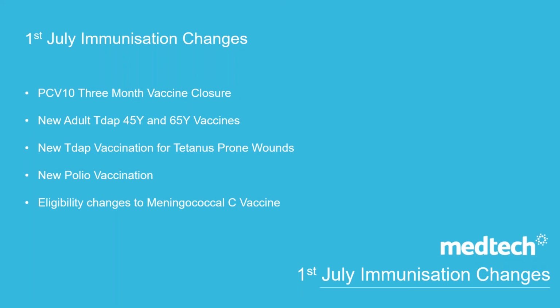In today's webinar, we'll give you an overview of the changes available on the 1st of July, which include the PCV10 3-month vaccine closure, the new adult Tdap 45-year and 65-year vaccines, the new Tdap vaccination for tetanus-prone wounds, the new polio vaccination, and the eligibility changes to the meningococcal C vaccine.